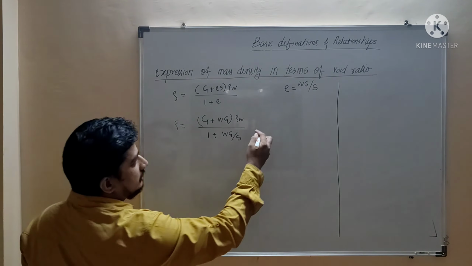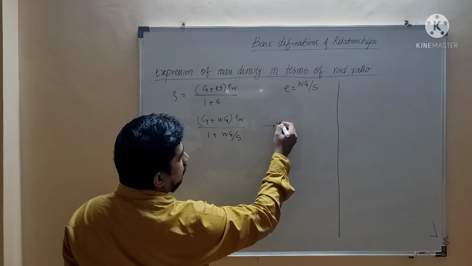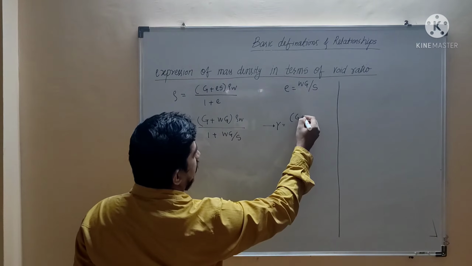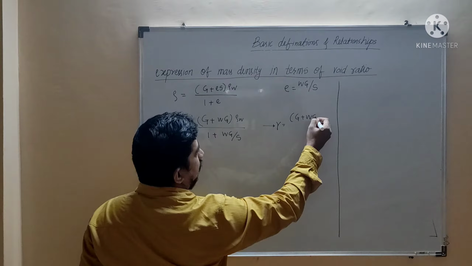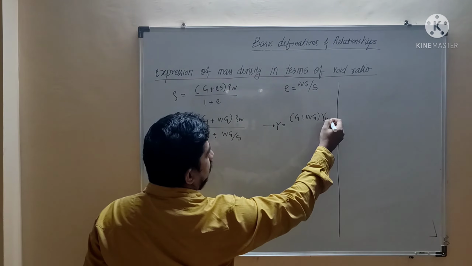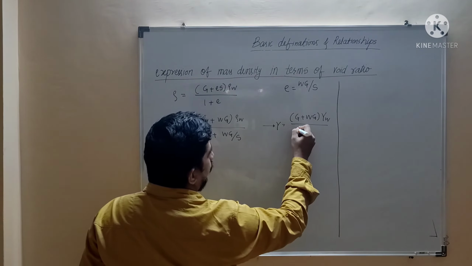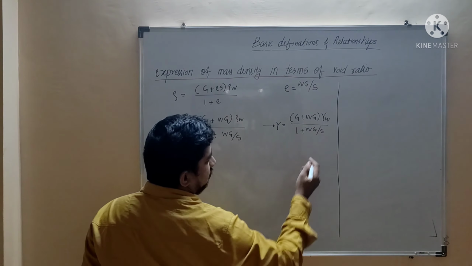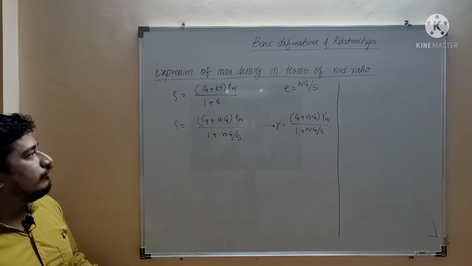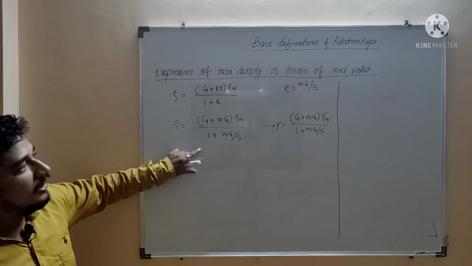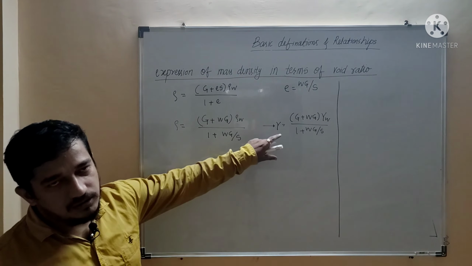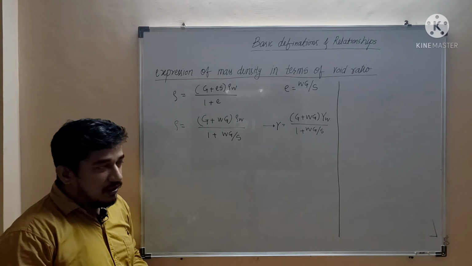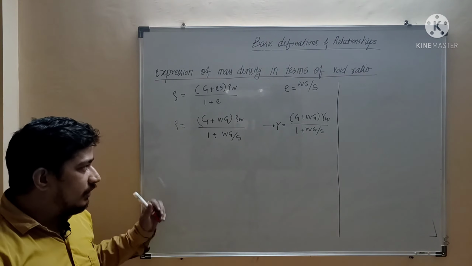If we want to express this in terms of unit weight of a soil, it can be simply written as G plus Wg into gamma W divided by 1 plus Wg by S. So whatever be the formula in terms of density, that can be expressed in terms of unit weight, and this is applicable to all of the formulas we have derived previously.